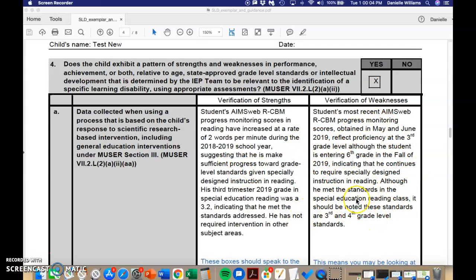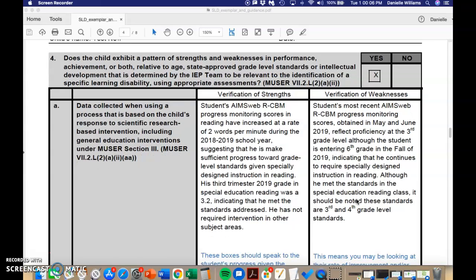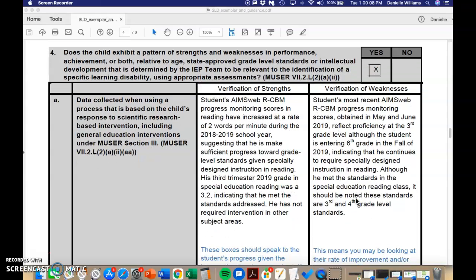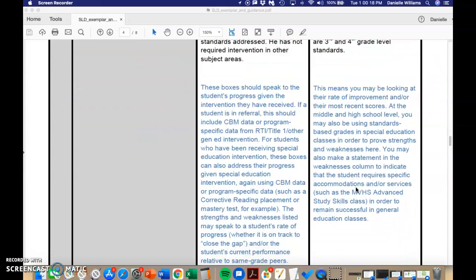But even not having weaknesses is pretty rare at this point in the form, because that's often captured by box 1. But every now and again, you'll have an example where you say no. Just make sure that you're working with a psychologist if you feel like no is probably the appropriate answer here.